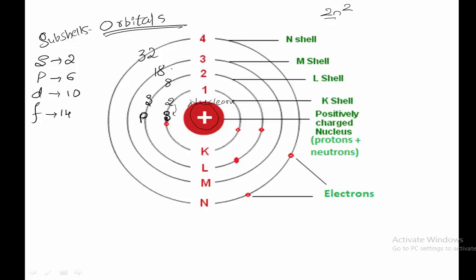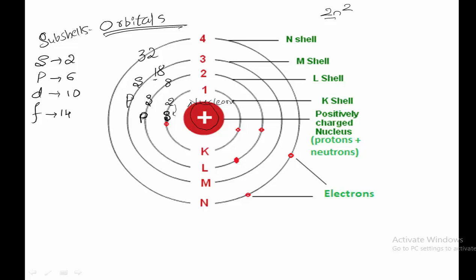And if we come to the third shell, there is a presence of 18 electrons. So again, first 2 electrons will occupy the S subshell. Then 6 electrons will get occupied in the P subshell. So here in S 2, P 6. Totally 8 electrons are occupied. Remaining how many?